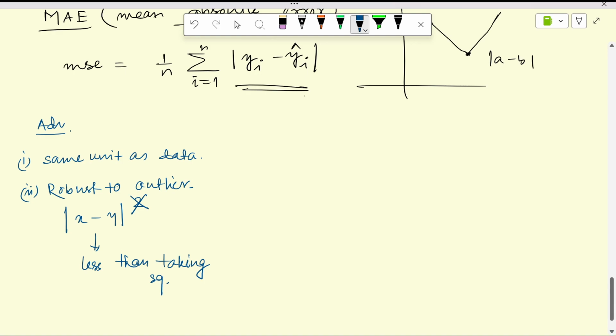So if it's less, then when we try to optimize it, it's actually going to optimize in less time. Okay. And some disadvantages. First of all, it's not differentiable at 0.